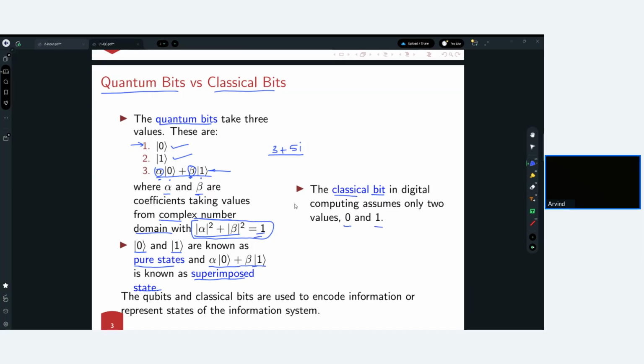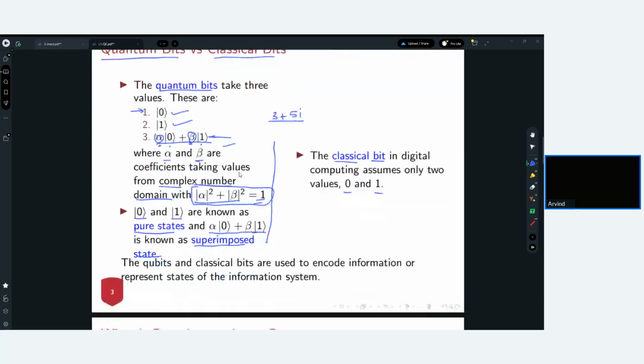So this is the difference between digital classical bits and qubits. Classical bits take only two values, 0 and 1, and a quantum bit takes three values: two are pure states, qubit 0 and qubit 1, and the third state is the superimposed state. So this is about the quantum bits.